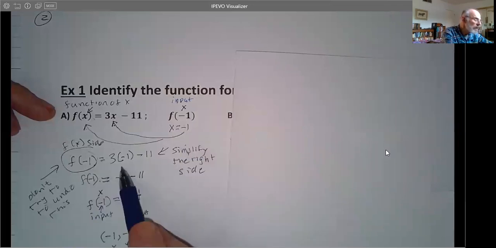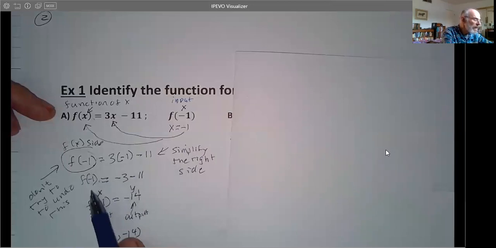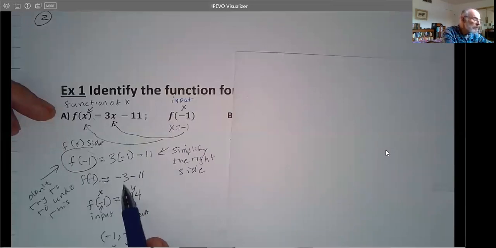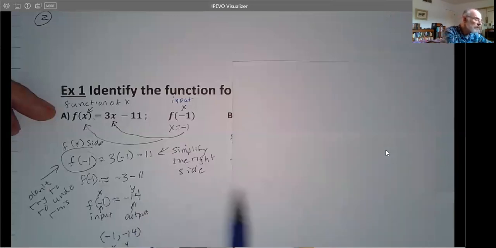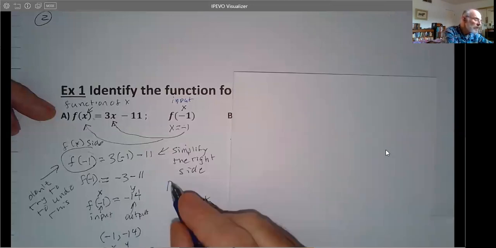So you see it here and here. We rewrite this as f of -1 equals -3, because 3 times -1 is -3, minus 11, and that simplifies to -14. You're just simplifying the right side, and you're using PEMDAS for this. Use PEMDAS.